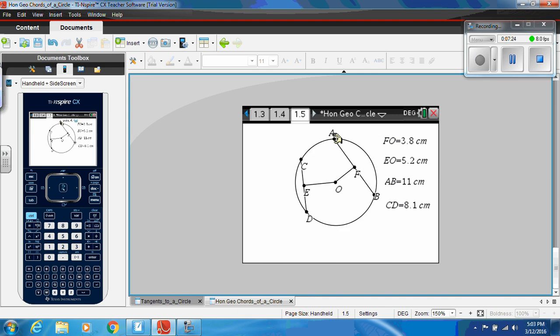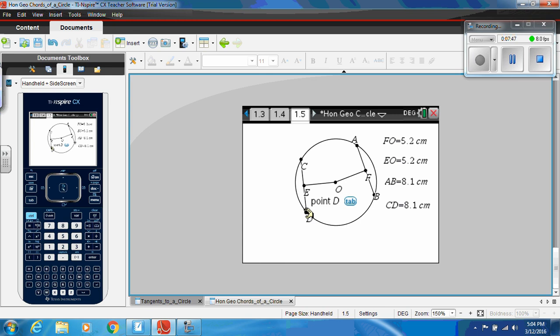But again, if I move this around so that my segment lengths are the same, so I'm going to move this to be 8.1, notice what happened to my distances from the center. They are also the same. And there's nothing special about that. I can change these distances to be the same.